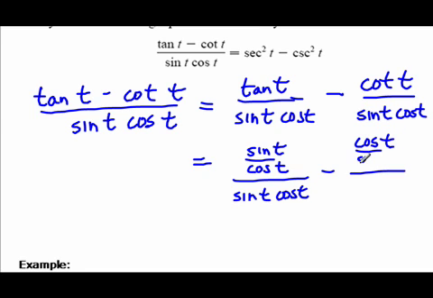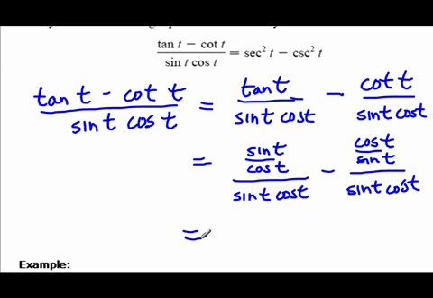Cosine t over sine t divided by the same denominator. And now what's going to happen to each one of these fractions? Well, sine over cosine, that's the numerator. If you're going to divide that by sine t cosine t, that's the same as multiplying by 1 over that.